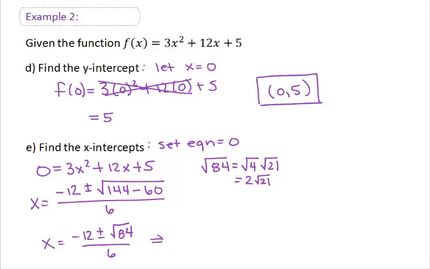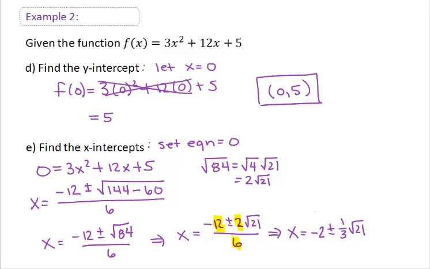So that tells me that x is equal to negative 12 plus or minus 2 root 21 over 6. I want to divide all of my whole numbers by 2. And so that tells me x is equal to negative 2 plus or minus 1/3 times the square root of 21.